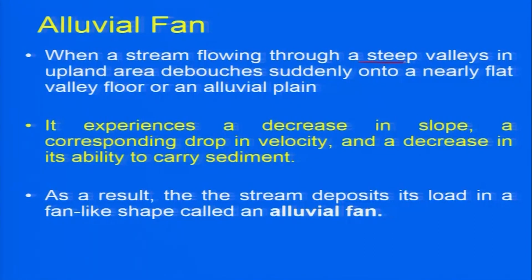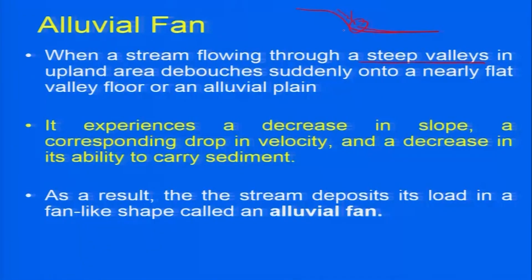So, where you have the steep valleys, and then suddenly the elevation, the gradient changes to flats. For example, we are having the Himalayas, and then we come down to the flat area. So, river flowing from here gets into the plain areas.